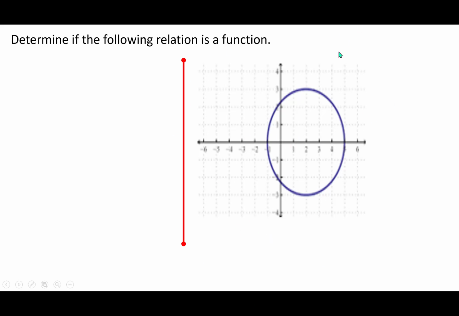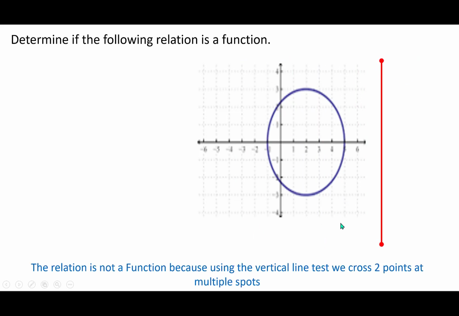So the graph is a circle. So if we do the vertical line test, let's watch that again. Notice how I touched more than 1 point several times on this graph. So this one is not, because using the vertical line test, we cross 2 points at multiple spots.